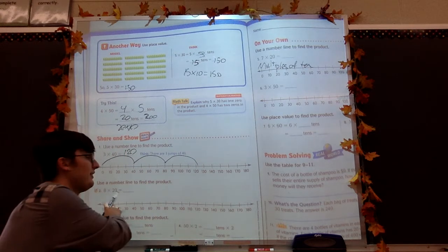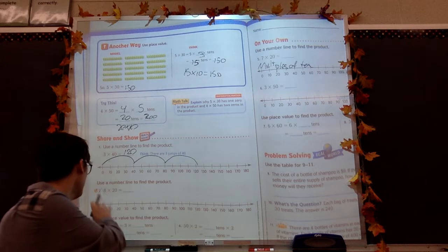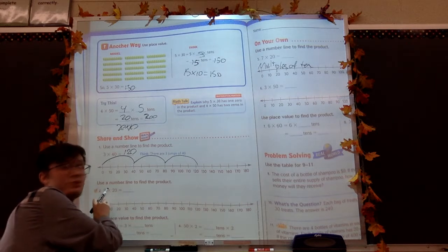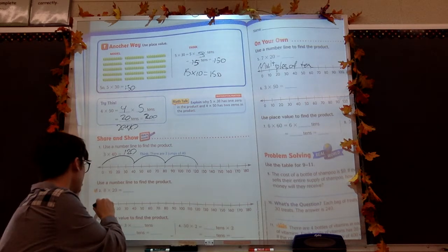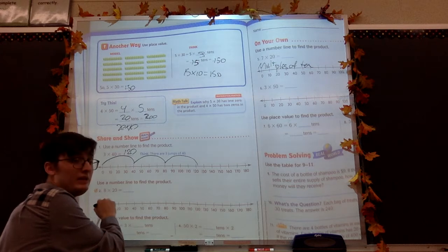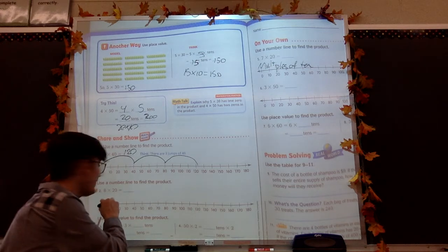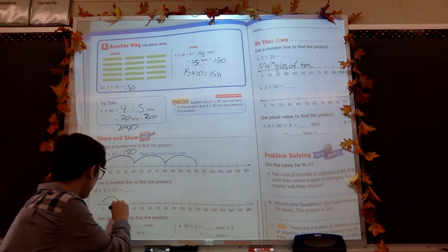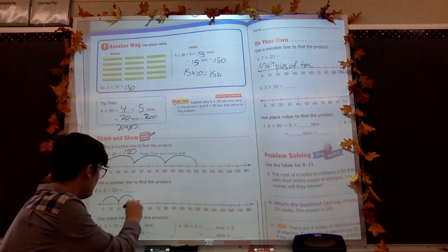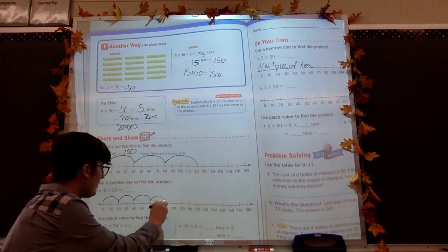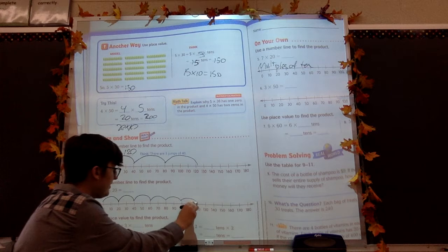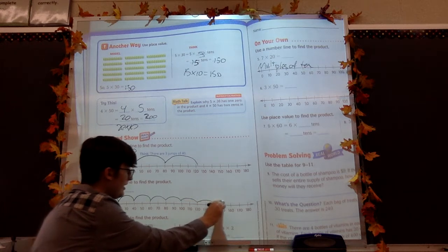One more time on the next question, down below, number 2. 8 times 20. Starting at 0, skip counting by 20s until we count to 8. 1, 2, 3, 4, 5, 6, 7, 8.